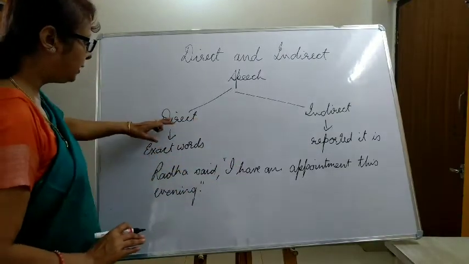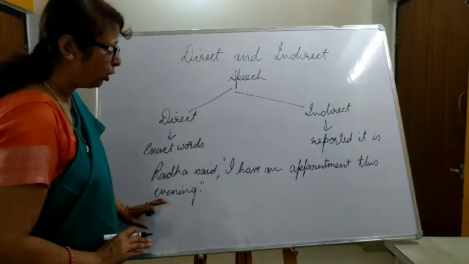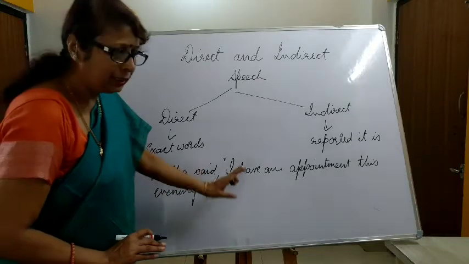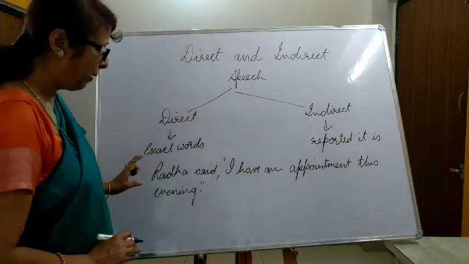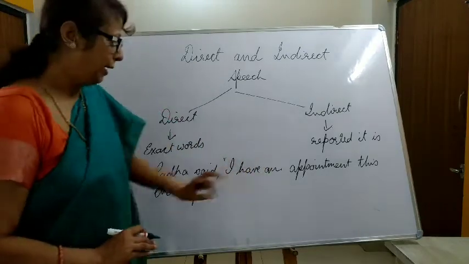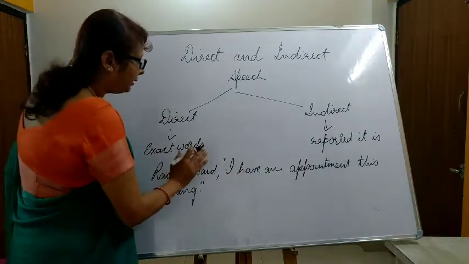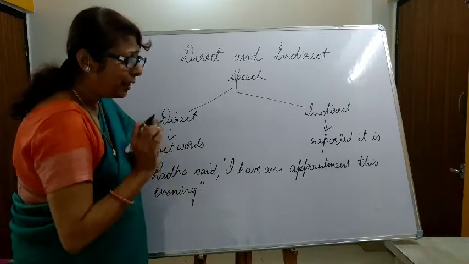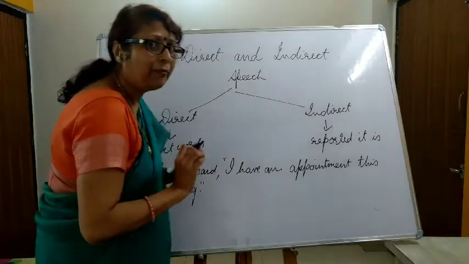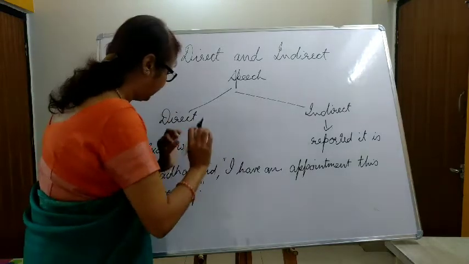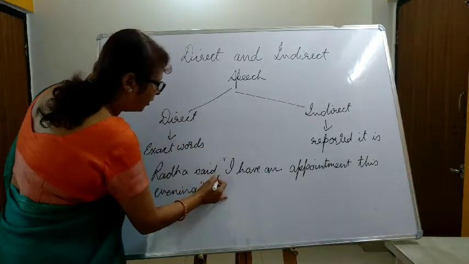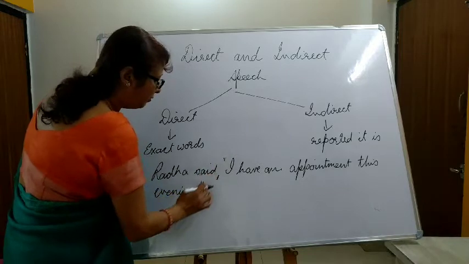I told you direct speech is the exact word of the speaker, and in indirect speech what we do is we report what has been said by the speaker as a reporter does. Now see the basic changes that we will be making when we are changing from direct speech to indirect speech. The comma over here, Radha said, and the inverted commas.